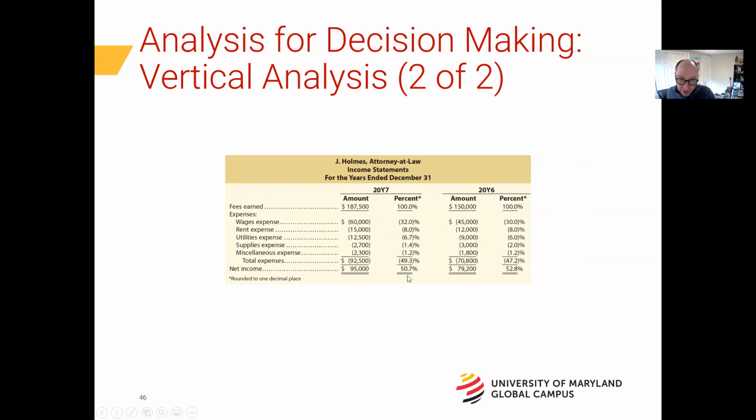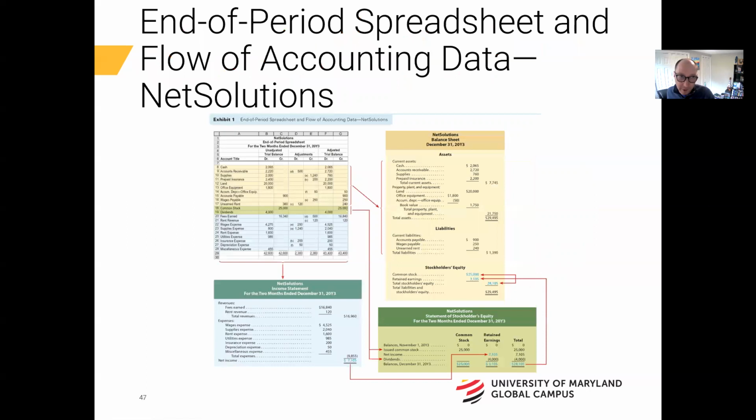It lets you know the percentages of each line item. This is helpful for management because we can compare the changes year to year. It helps us identify trends in our business, and it helps us be more effective at managing expenses and liabilities and things like that. It's very, very useful.